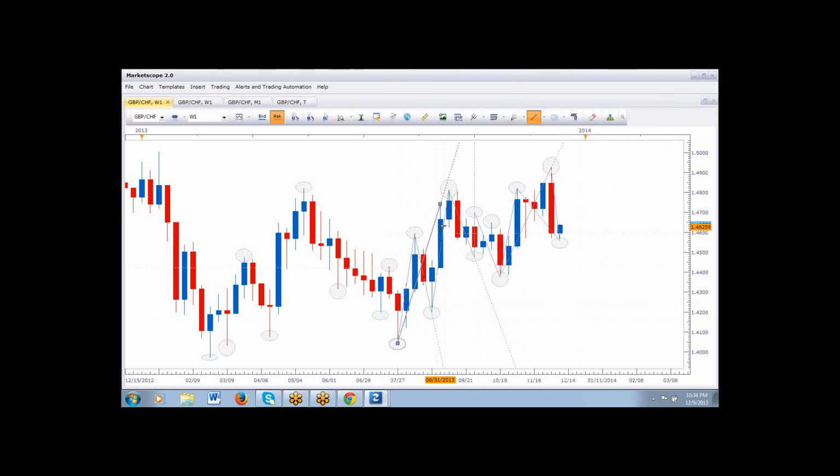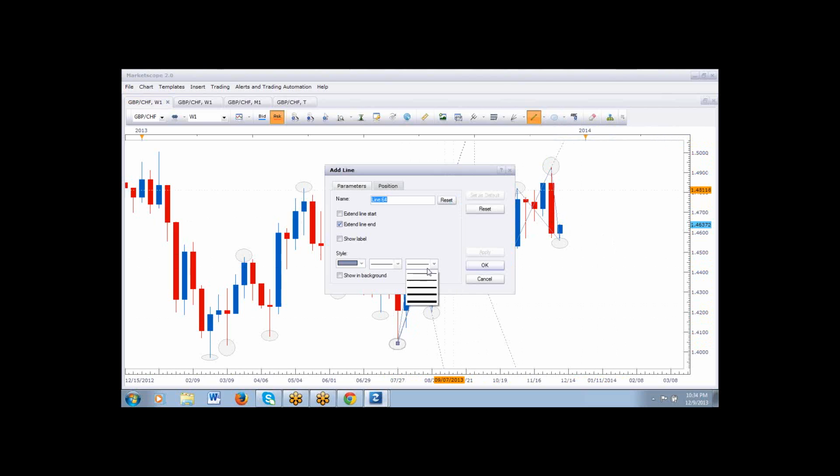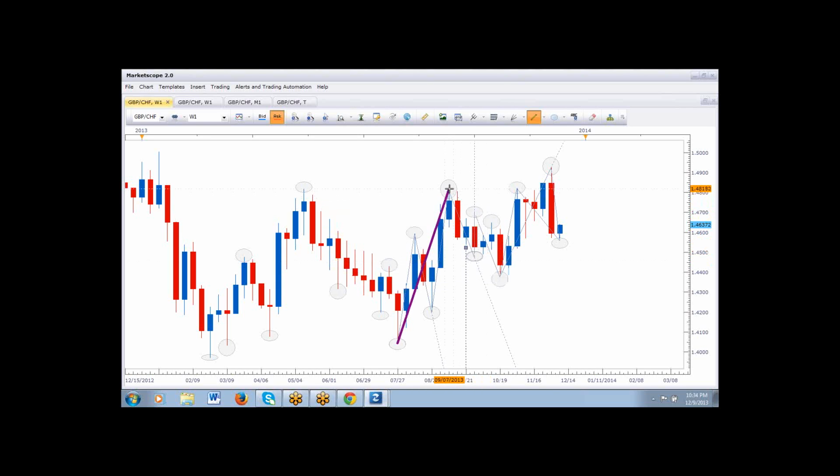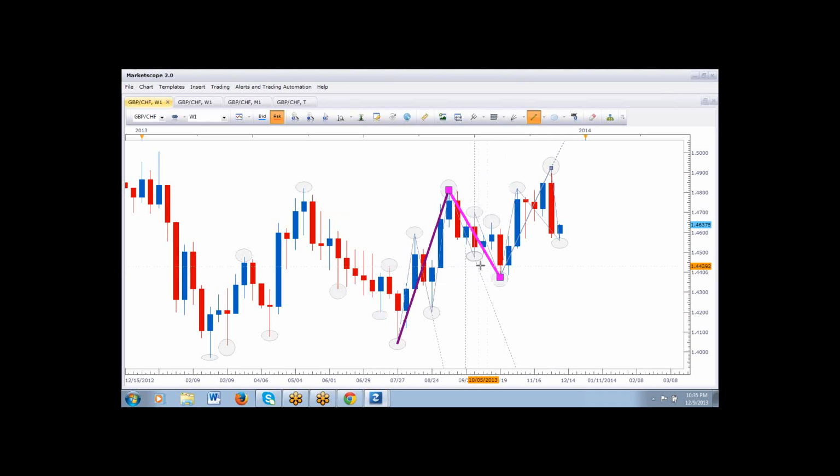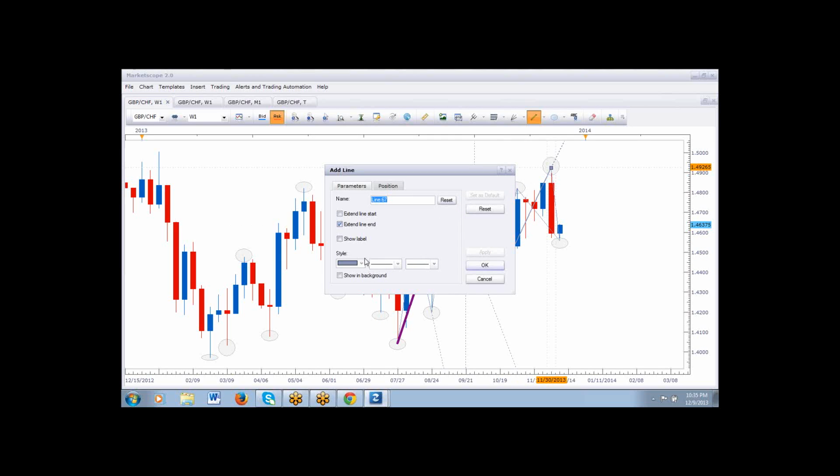Alright. To purple, just to make it different. Okay, that's 1, 2, 3.